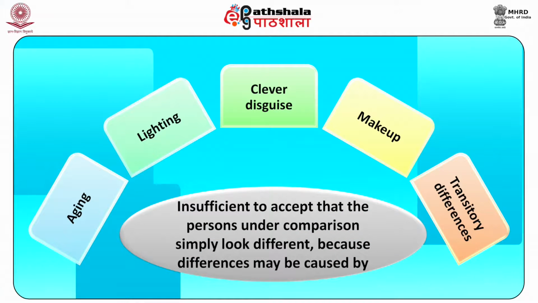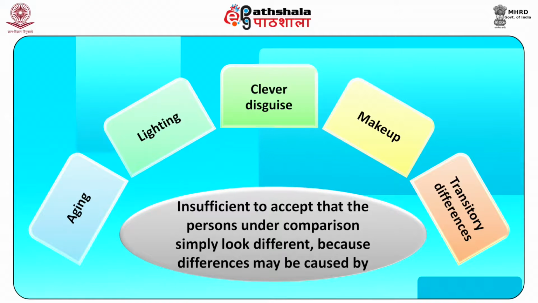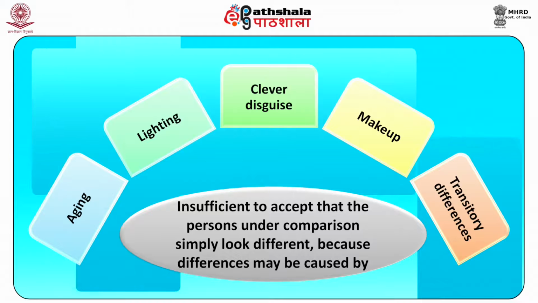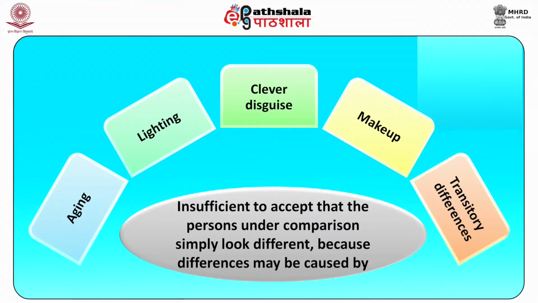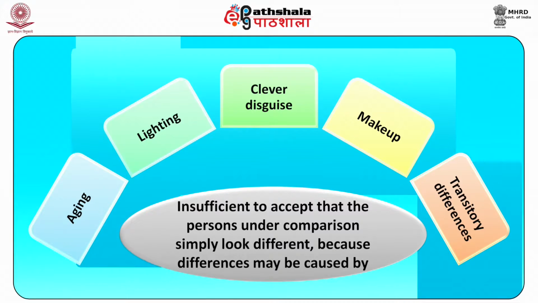It is insufficient to accept that the persons under comparison will simply look different, because differences may be caused by aging, lighting, clever disguise or makeup, as well as transitory differences such as changes in hairstyle. If no clear and obvious differences are identified, the next stage is to compare carefully each visible facial landmark on as many images as have been obtained.